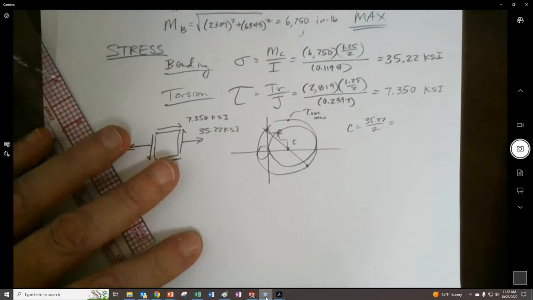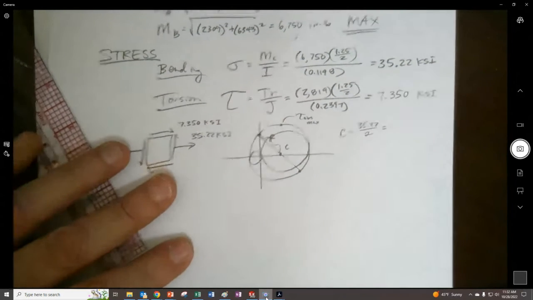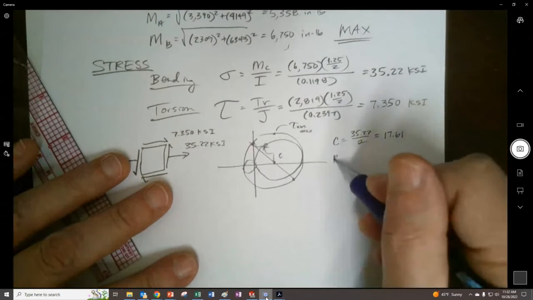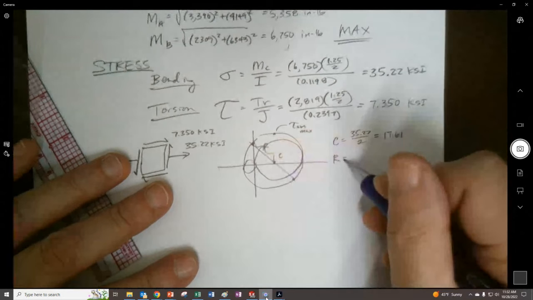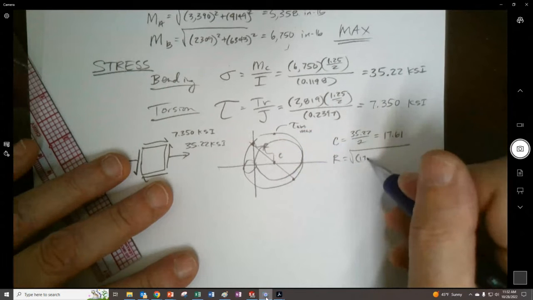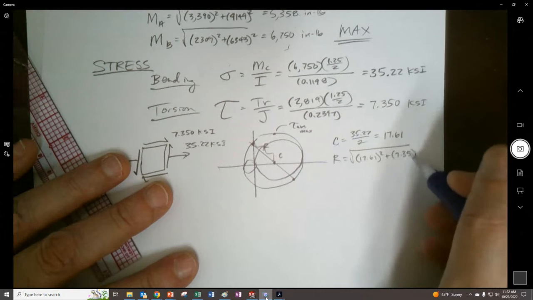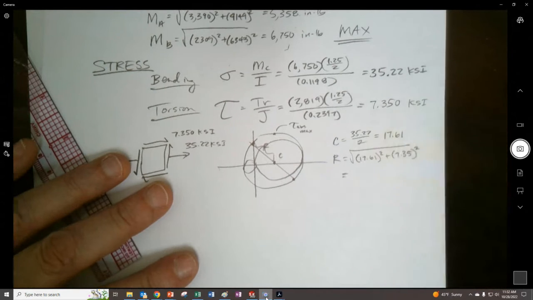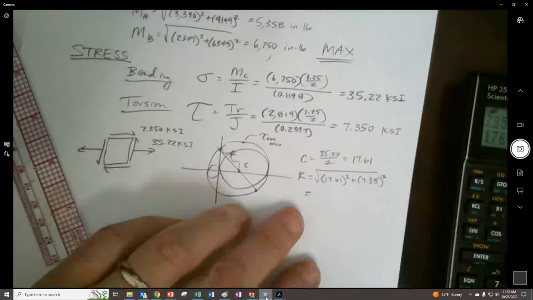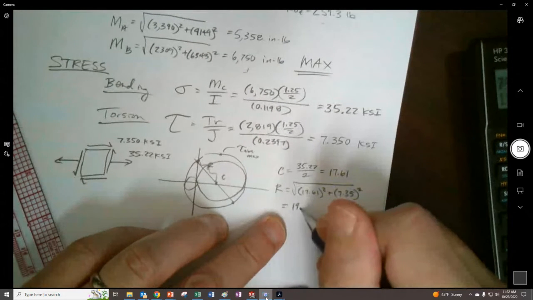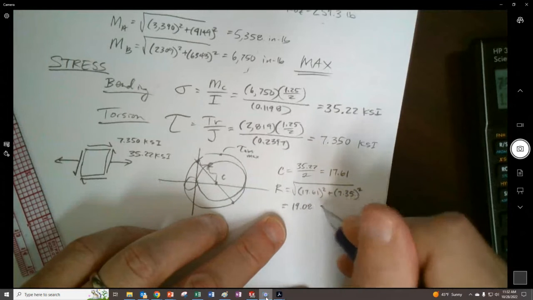So 35.22 divided by 2, we get 17.61. Find the radius, easy enough here: 17.61 squared plus 7.35 squared, square root, gives 19.08.